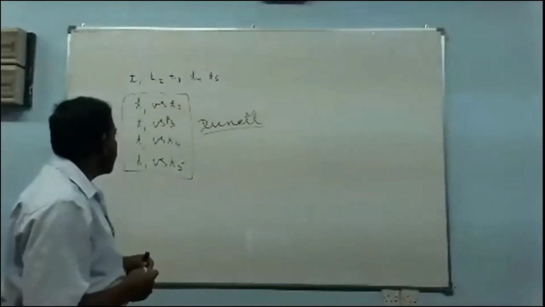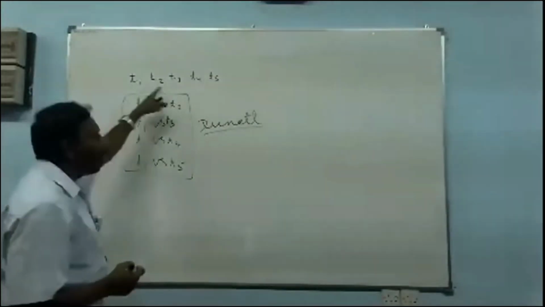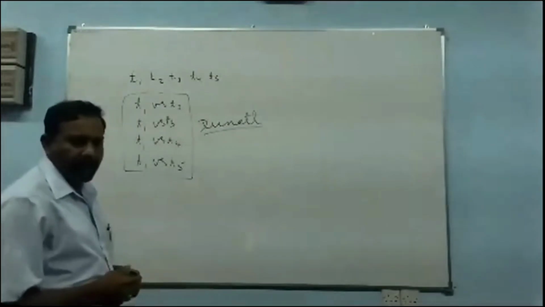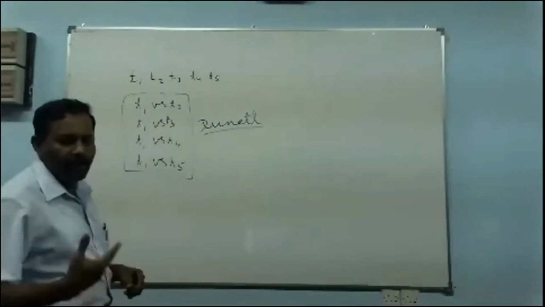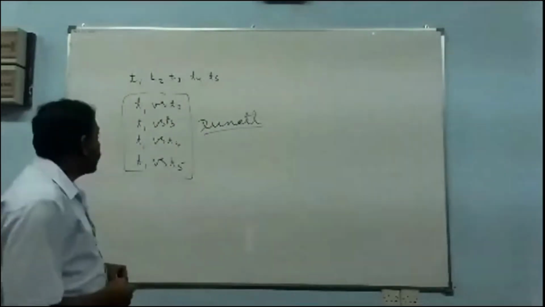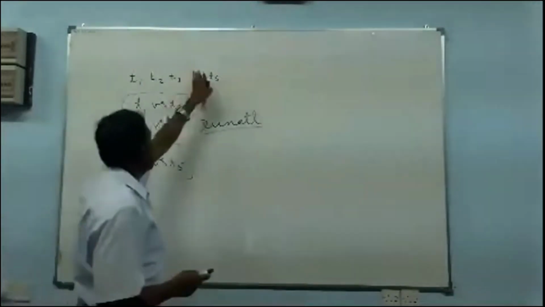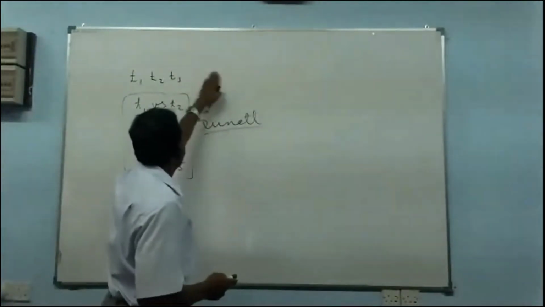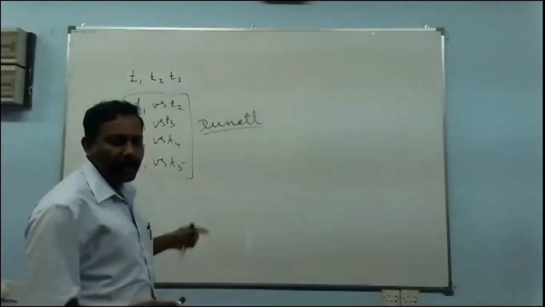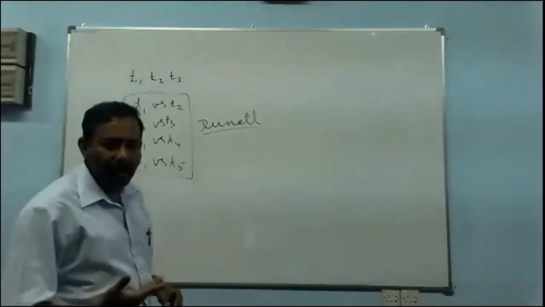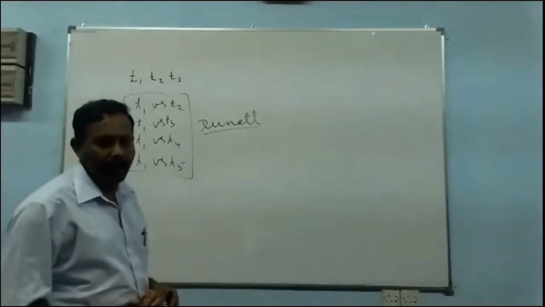Right? So if I want to compare all possible pairs, then we can use either Duncan or Tukey test. Suppose I have only 3 treatments or 4 treatments, I can use the technique called LSD, least significant difference.